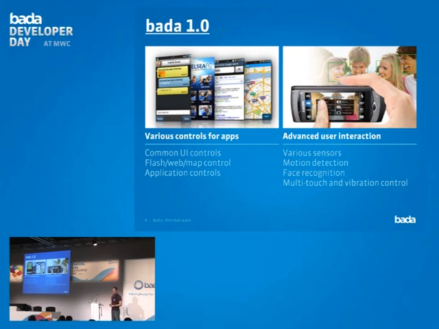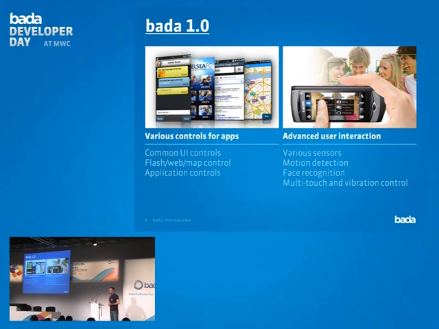I don't want to spend too much time on talking about bada 1.0. I just want to go briefly over the core functionalities provided by bada 1.0. Of course we support all the basic UI controls which you would expect, like buttons, labels, lists, and all the rest of it.